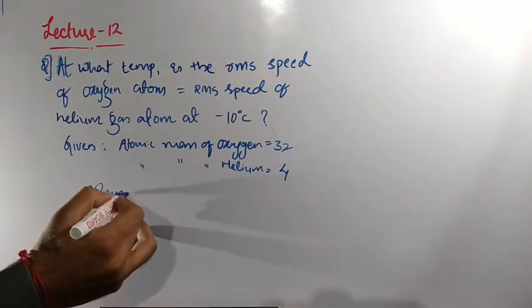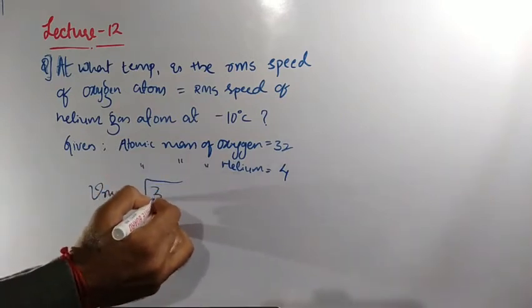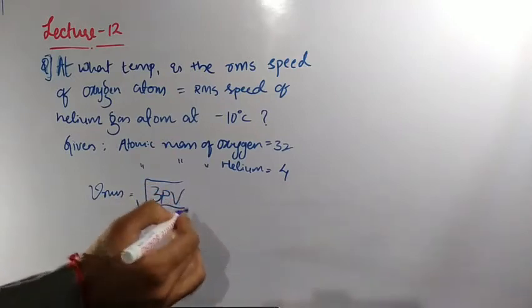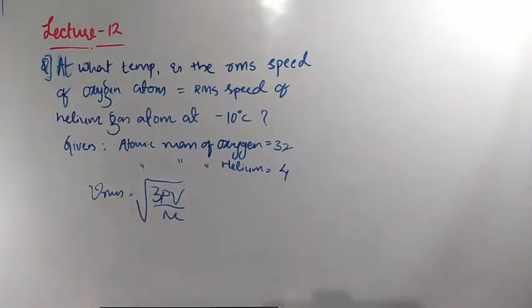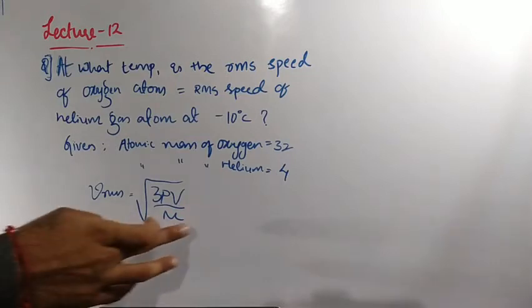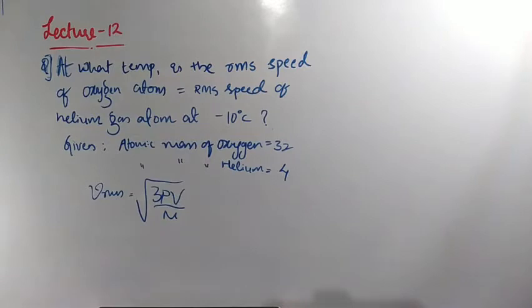So VRMS is root of 3PV divided by M, where M is capital M. Shall I proceed? Listen.